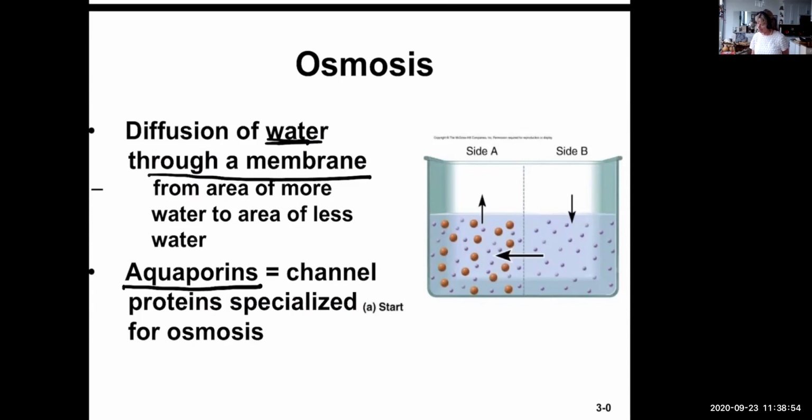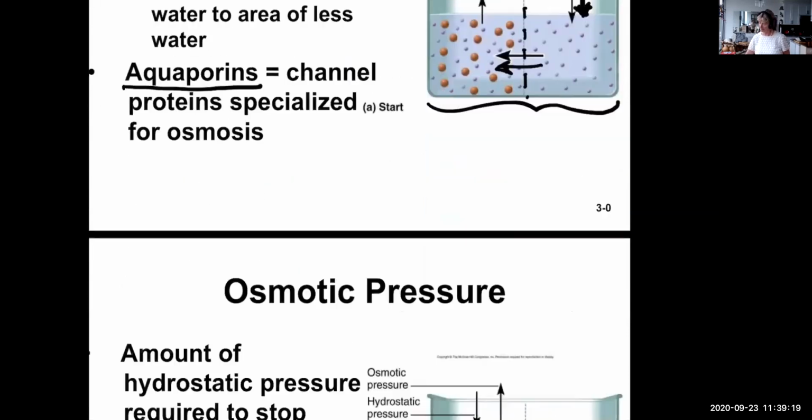So in this case, for example, in this beaker, here's the membrane dividing, and there are fewer solutes on this side, and more on the other side. Therefore, water will move over here because there's less water over there.